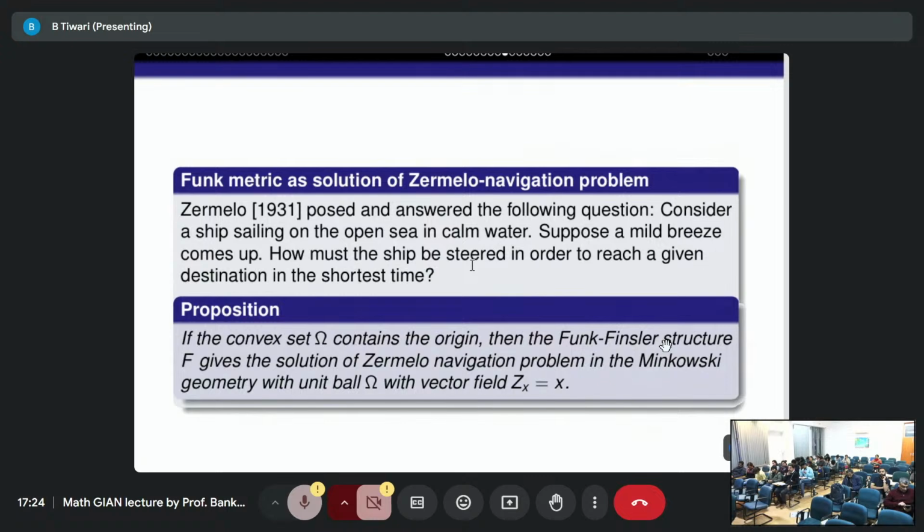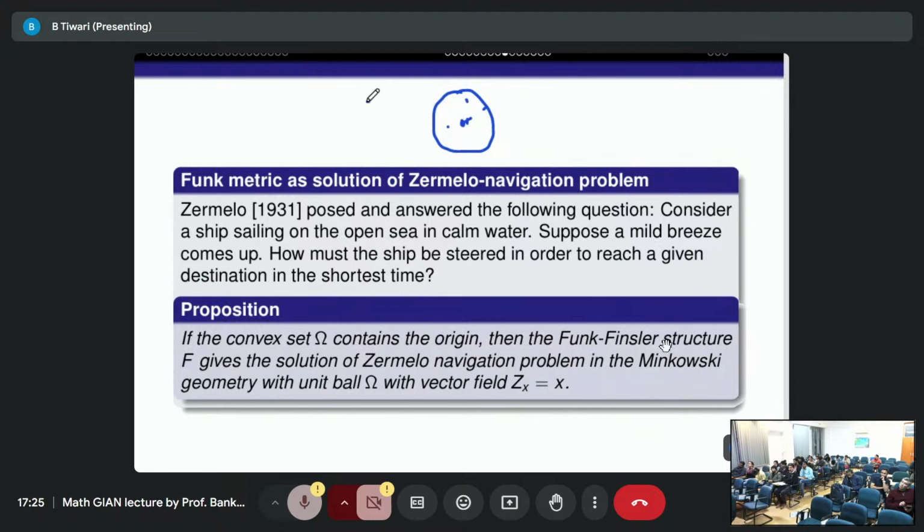And this is another interesting realization of this Funk metric, as a solution of the Zermelo navigation problem. So Zermelo actually posed and answered the following question. Consider calm water, right? Suppose some ship is sailing in this calm water from this point, and if there is no flow in the water, in unit time it reaches the same Euclidean distance, right?